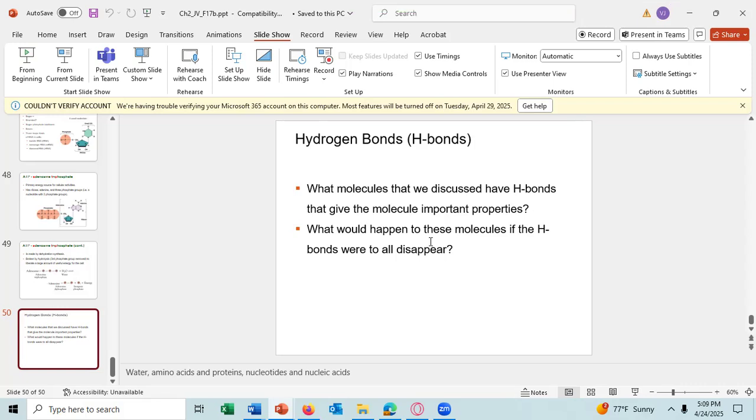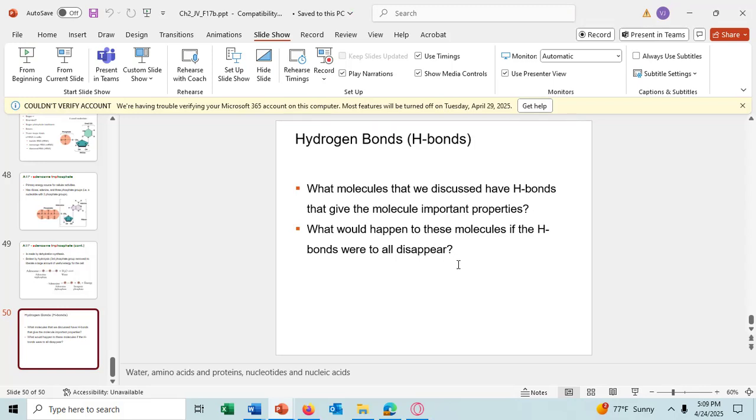What would happen to these molecules if hydrogen bonds were to all disappear? Yeah, you wouldn't have liquid water, and without liquid water, you couldn't have life. The DNA molecules would be single-stranded, so you wouldn't have double-strand DNA.